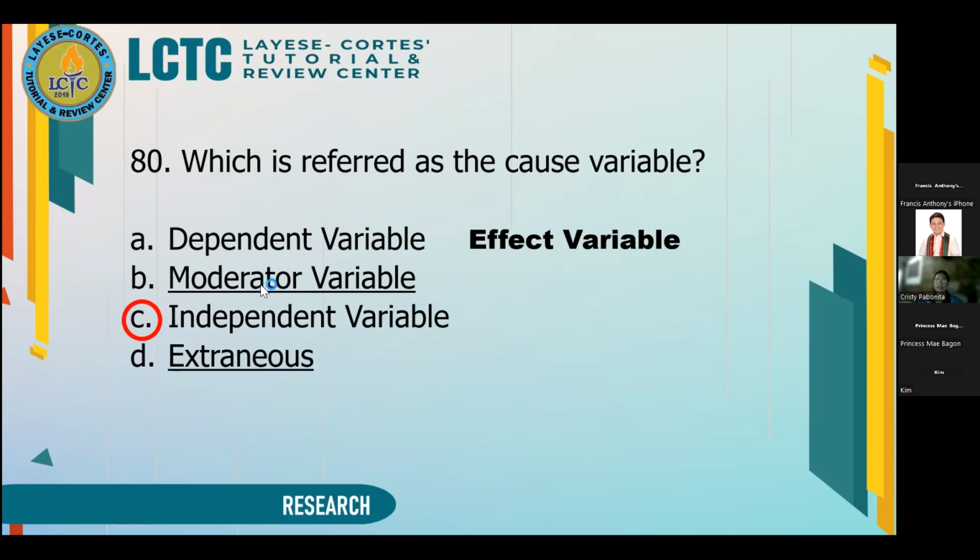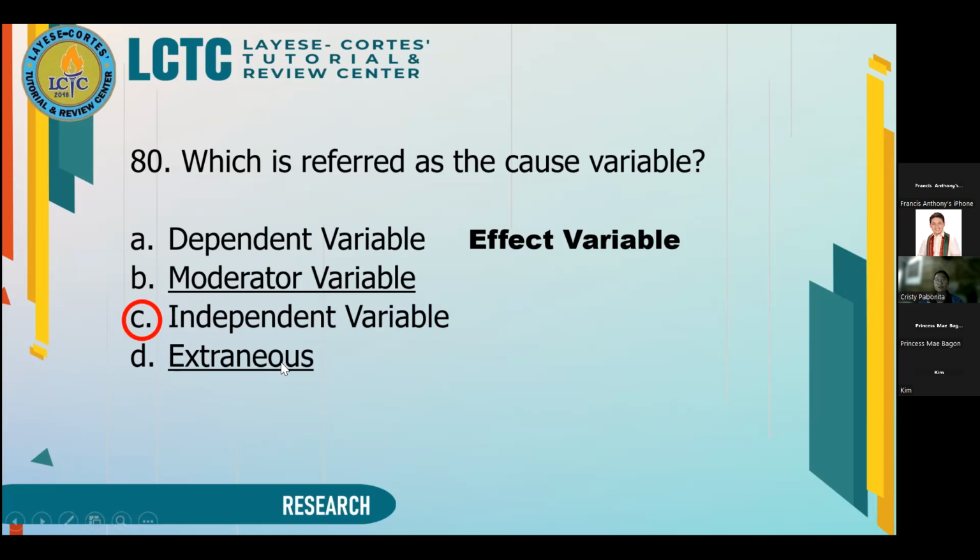A variable that affects the direction and strength of the relationship between an independent variable and a dependent variable. If it is not monitored, it can change the direction of your study. The two important variables are the dependent and the independent.